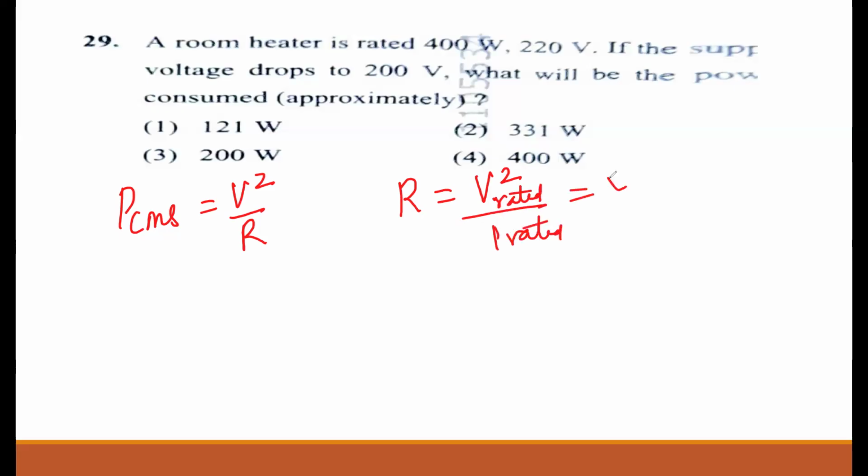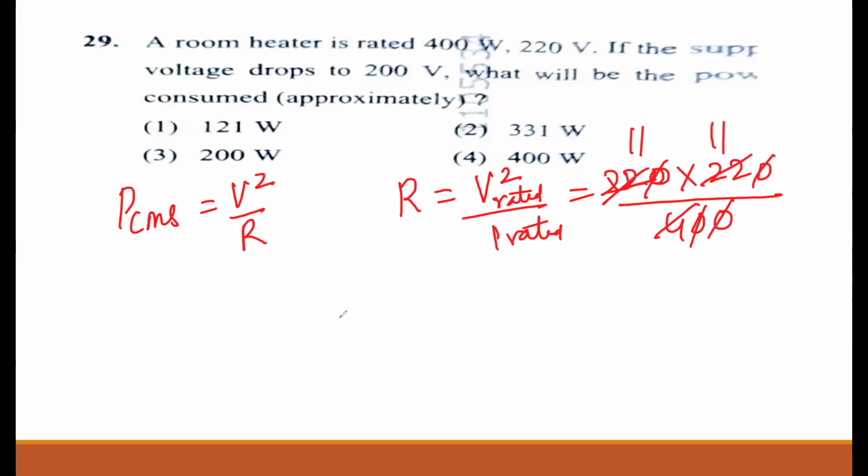So that is 220 into 220 by the rated value of the power, that is 400. The zeros cancel. So this is 11, and this is also 11 when I cancel with 4.